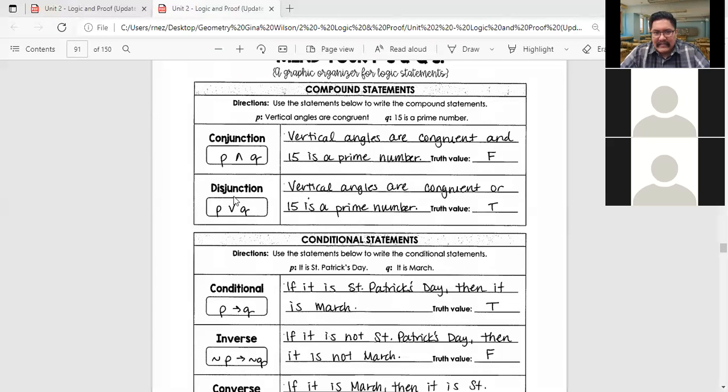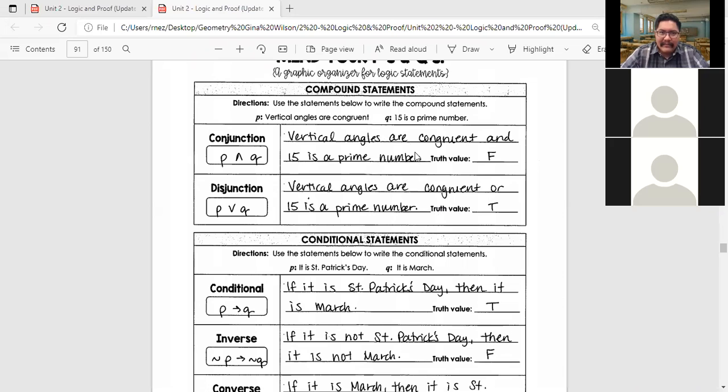And this is the exact same thing, but they only switch out the word "or." Vertical angles are congruent, or 15 is a prime number. And again, "or" means only one of those will make me happy. Right? So like if I said, I want pizza or hamburger, and I get one of them, I'll be happy with that. But an "and" statement would be like, I want mashed potatoes and gravy.